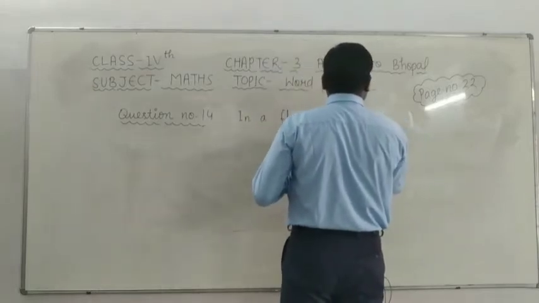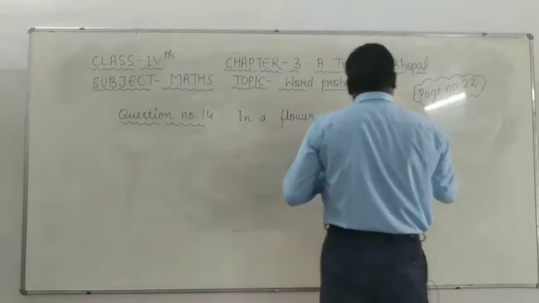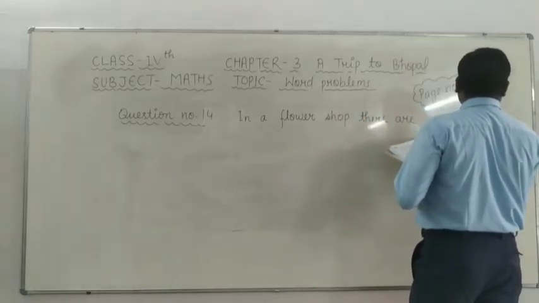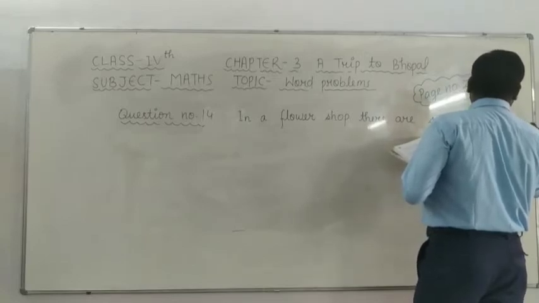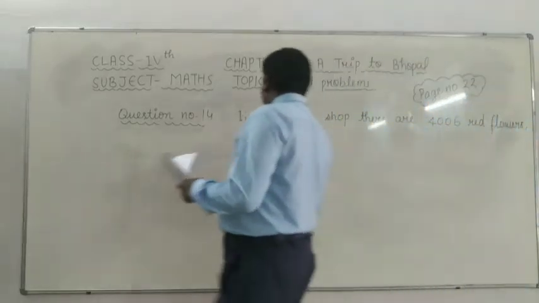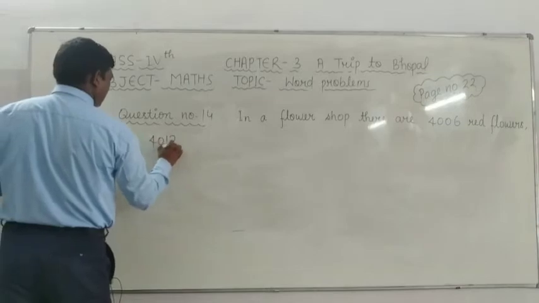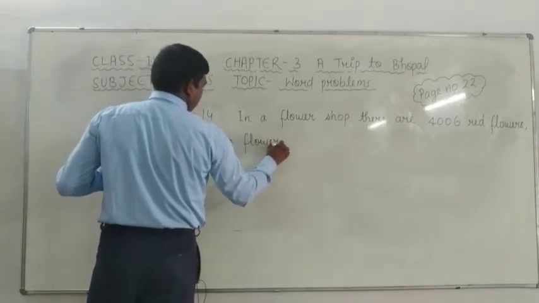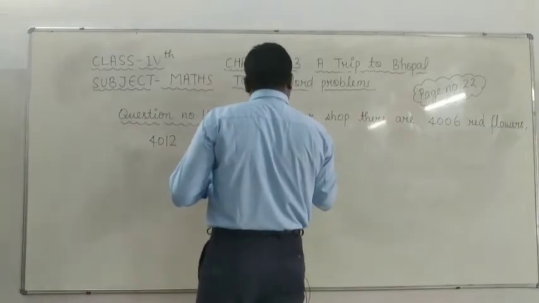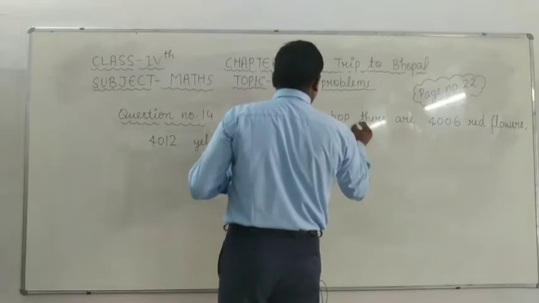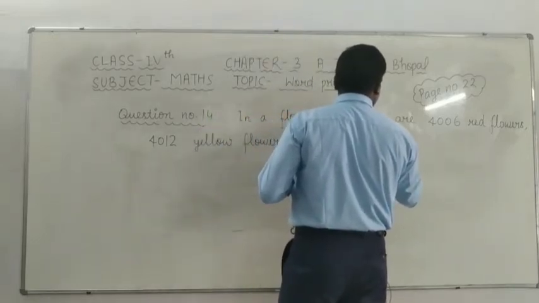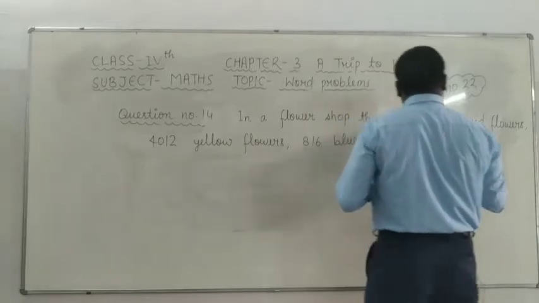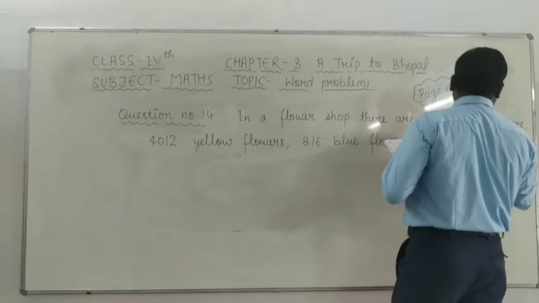there are 4,006 red flowers, 4,012 yellow flowers, 816 blue flowers, and 415 white flowers.